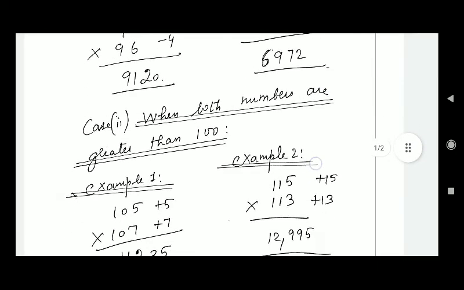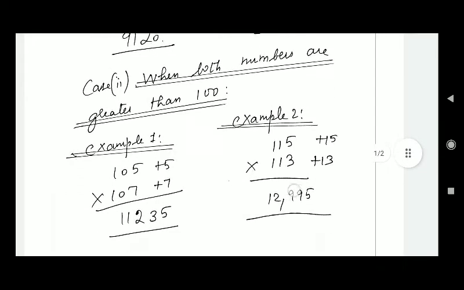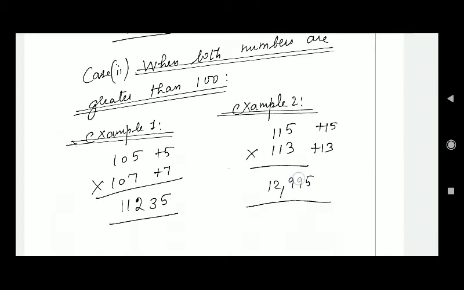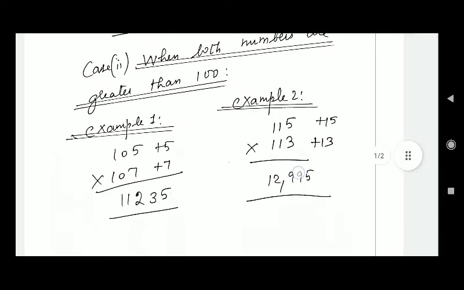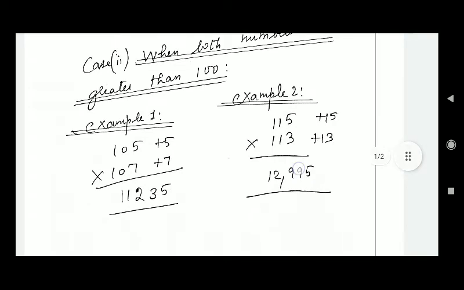Now case 2, when both numbers are greater than 100. In example 1, I consider both the numbers to be in the range between 100 to 110. So let me consider 105 and 107. Since 105 is 5 greater than 100, I am putting just plus 5, and 107 is 7 greater than 100, I am writing it as plus 7, and 5 into 7 will give me 35.